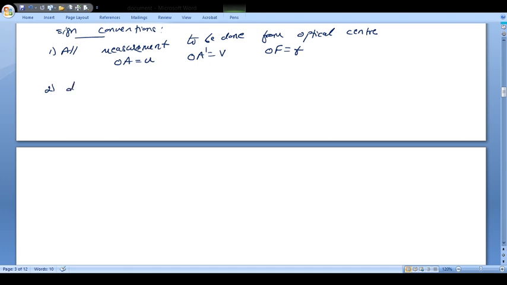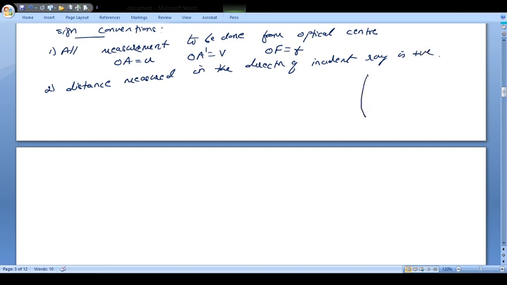Now distances measured in the direction of the incident ray are positive. Let us suppose I have a convex lens here. This was F, this is 2F.